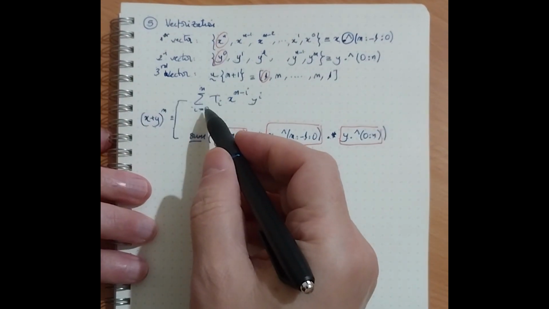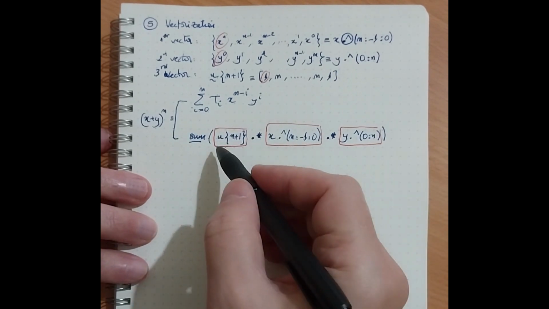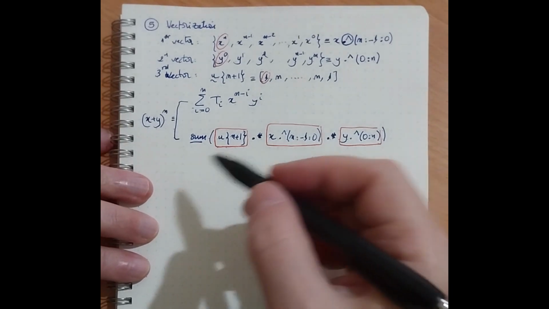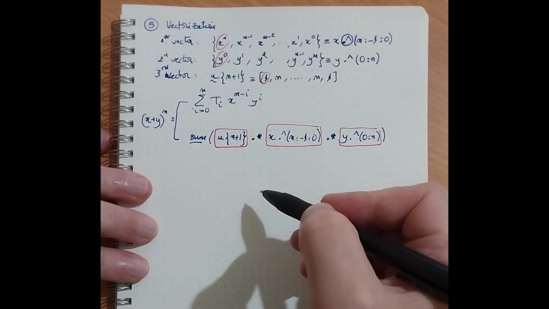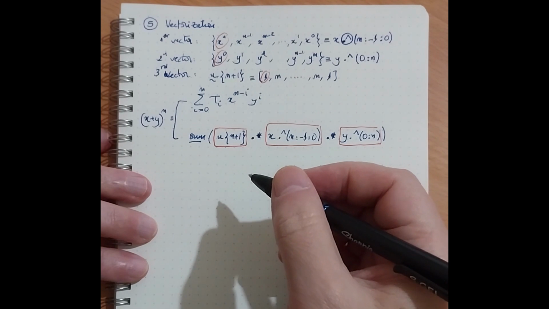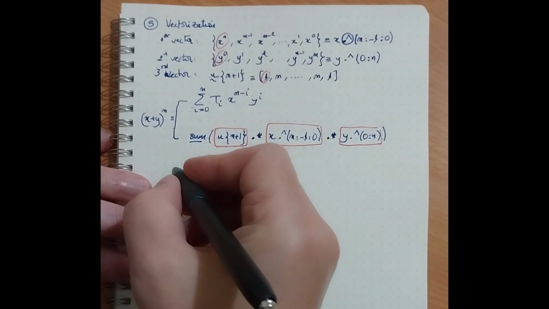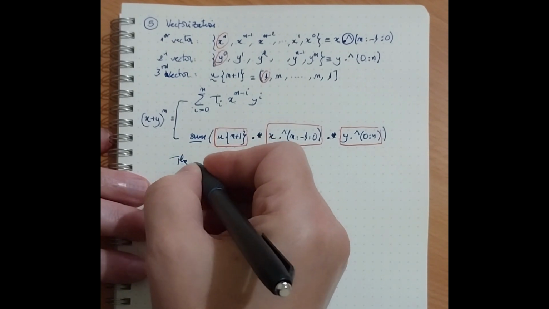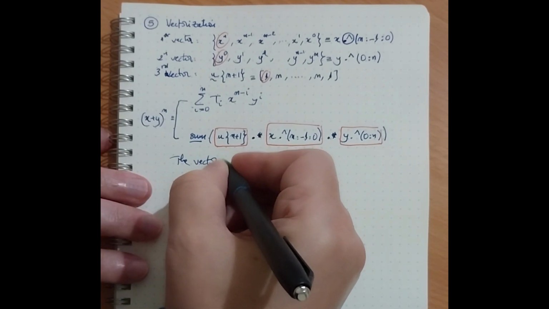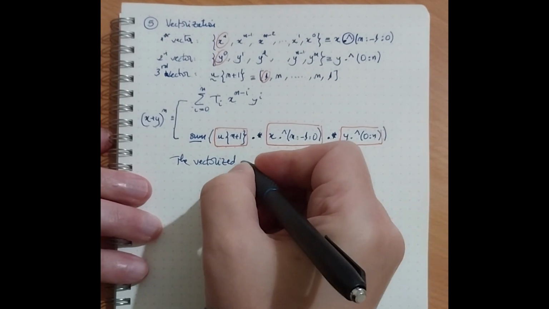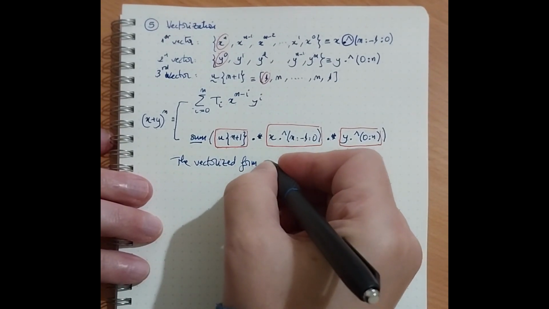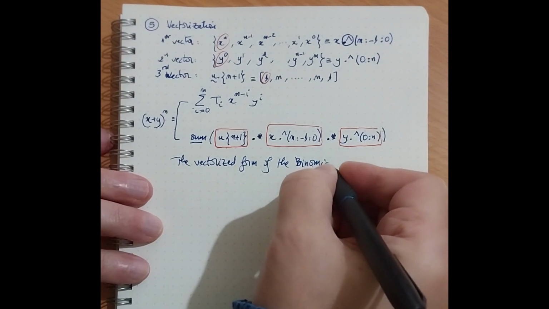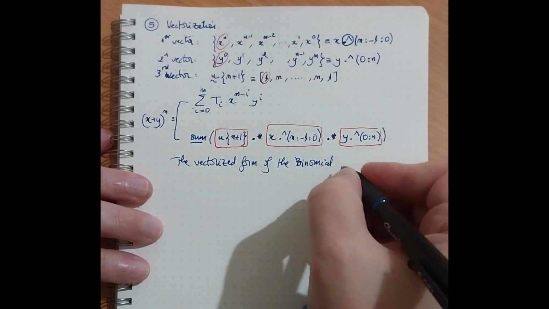So instead of using a loop, it is better to use vectorization because it's faster, as I explained in the previous practicals. This is called the vectorized form of the binomial theorem.